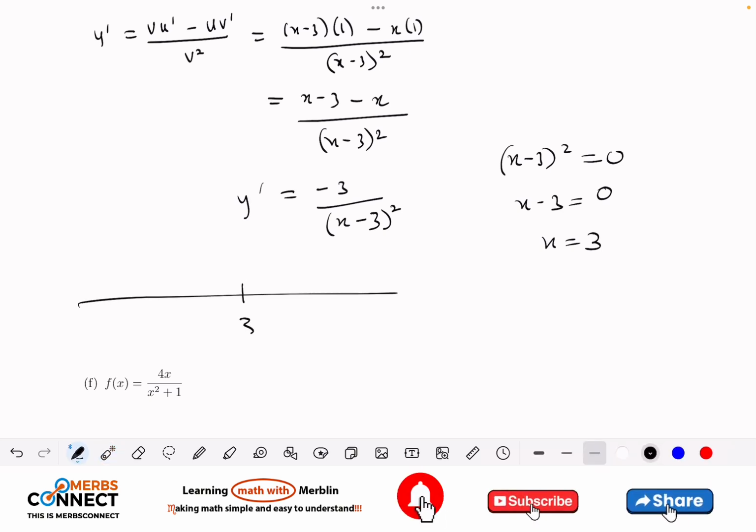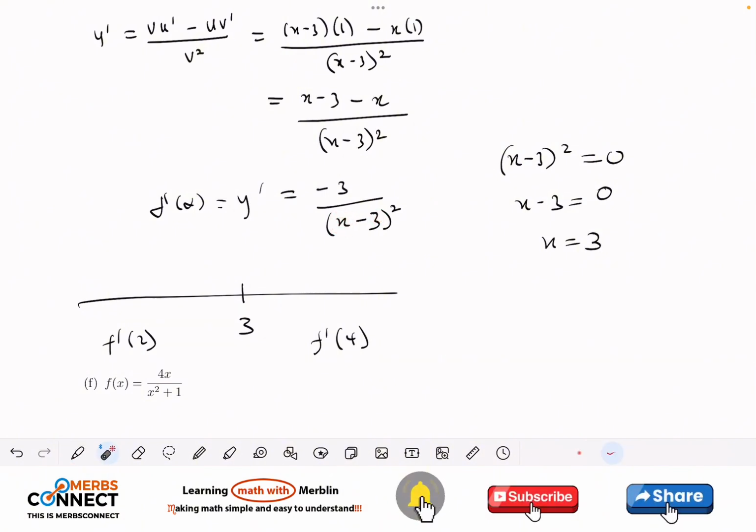So now let's draw the line. I have 3 here, right? So let's pick a value here. Let me assume that this is f prime of x. So f prime of 2, f prime of 4. So put 2 here and you are going to get negative, right? Because 2 minus 3 is minus 1, squared, which will be 1.